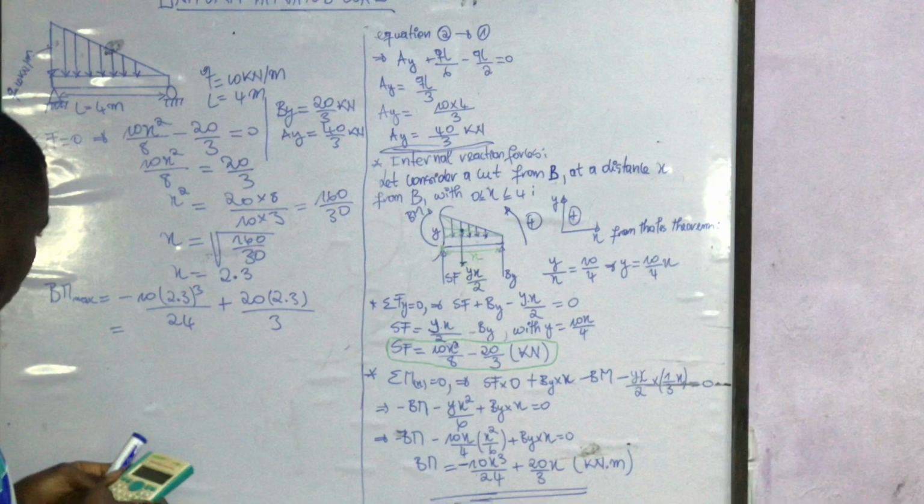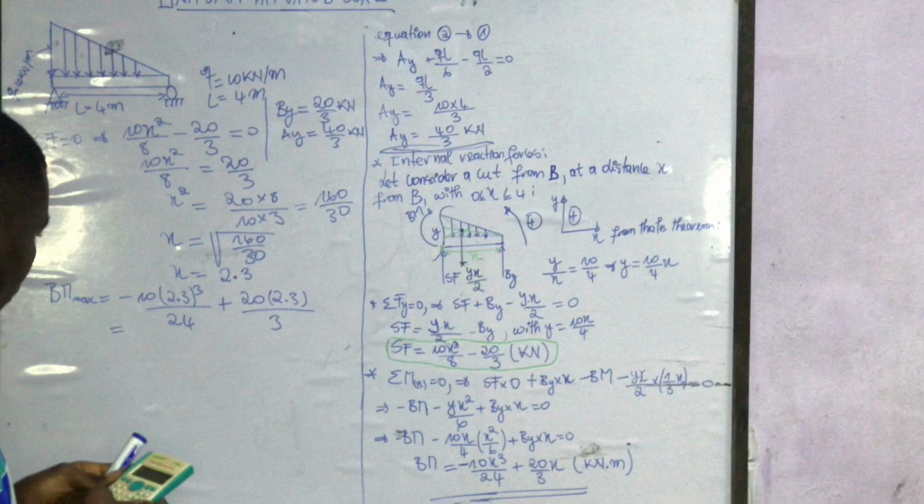Now we have to substitute for the shear force at point x equal to 0. You have negative 20 divided by 3, which gives us negative 6.67 kilonewton. At point C, x equal to 2.3, 10 times 2.3 squared divided by 8, minus 20 over 3, gives almost 0.